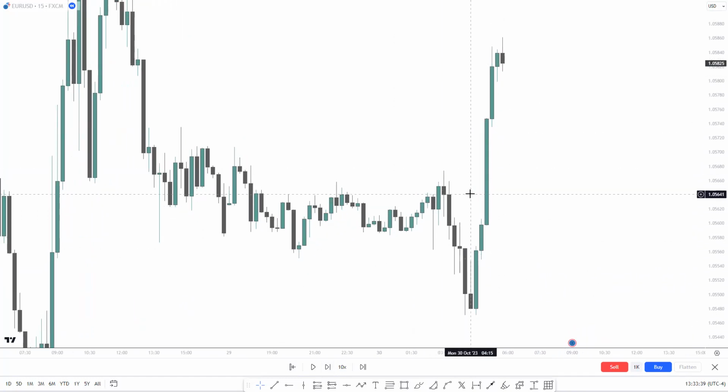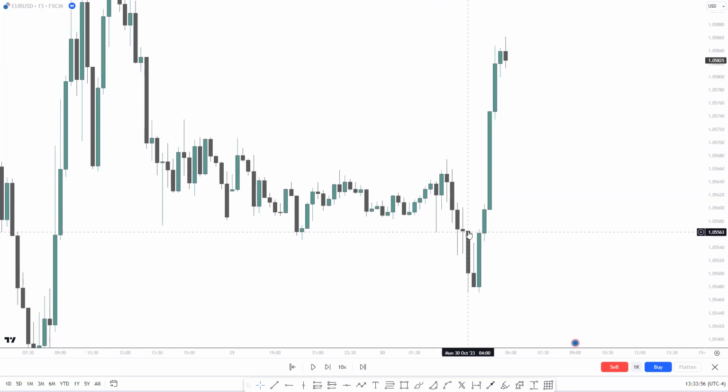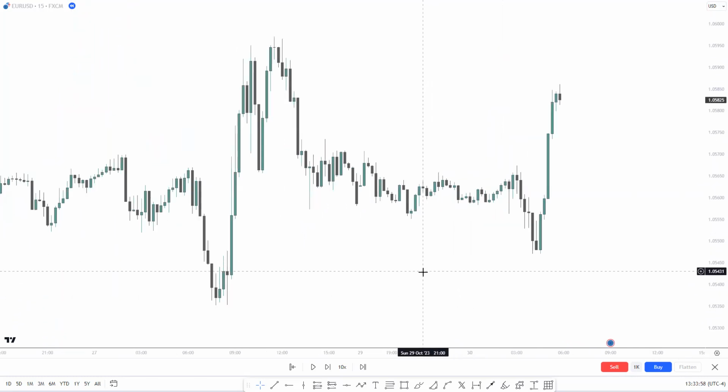So you don't necessarily need bias for this model to work. It's not necessary that you must have a bearish bias if you want to sell after the Asian high is taken out and then an intermediate term high is formed. It's better to have a bias for extra confluence, but it's optional.